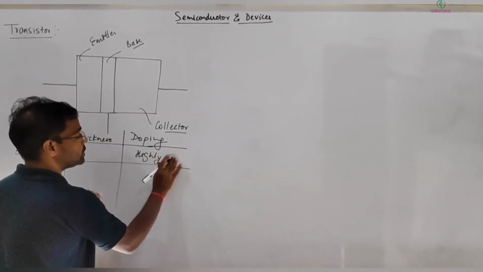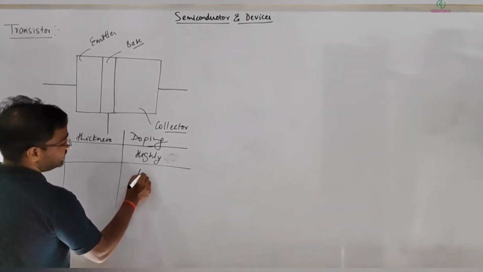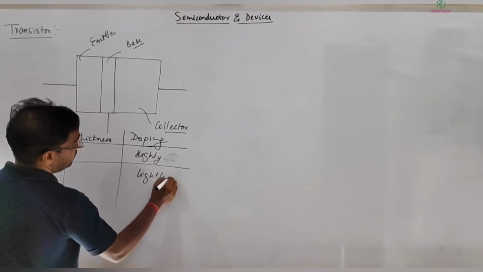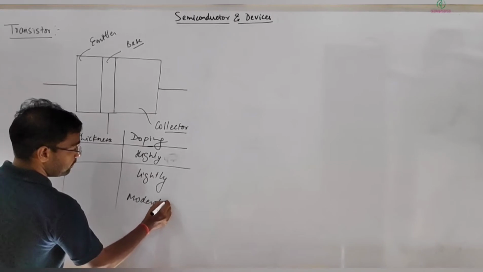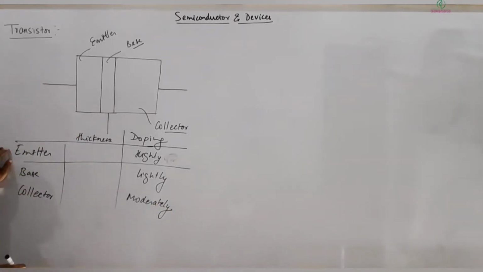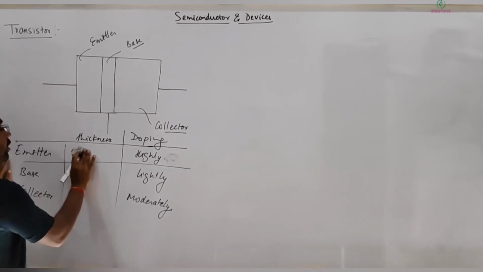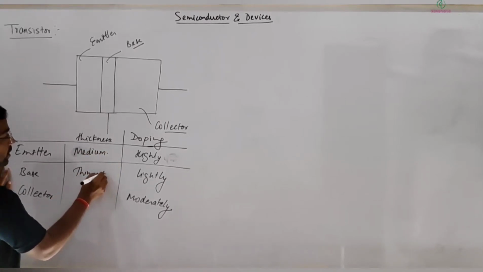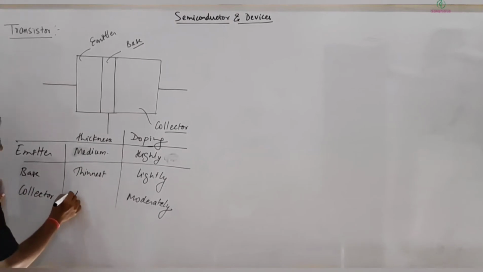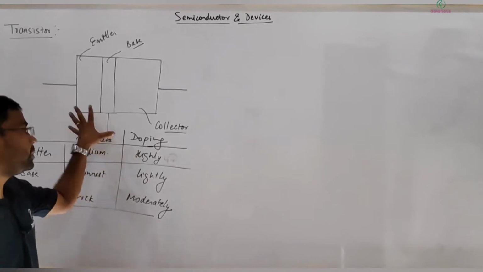The base is lightly doped, and the collector is moderately doped. Thickness: the emitter is of moderate or medium size, the base is the thinnest among all three, and the collector is the largest or thickest. So this is about the construction.